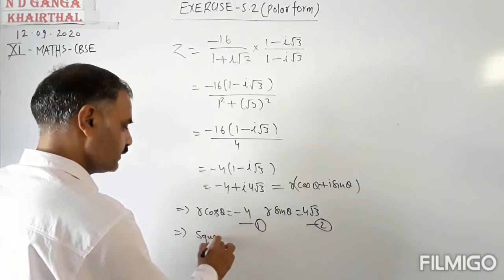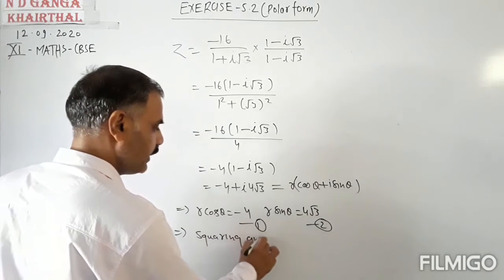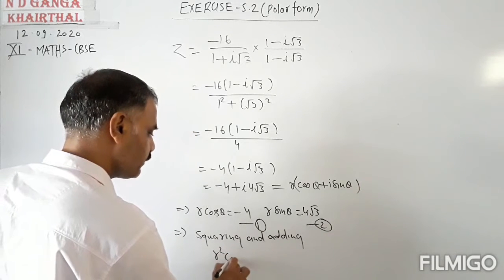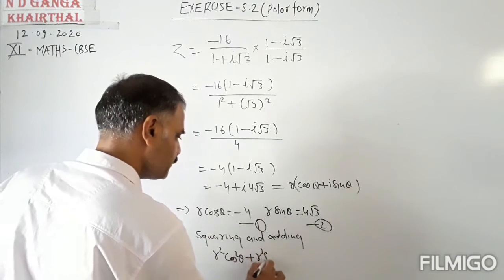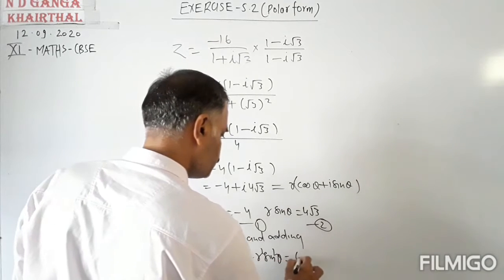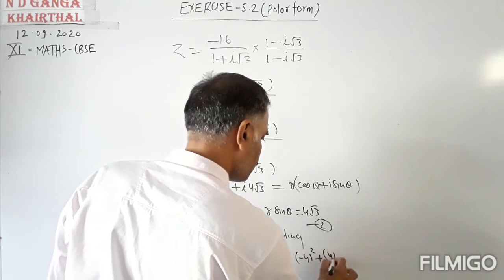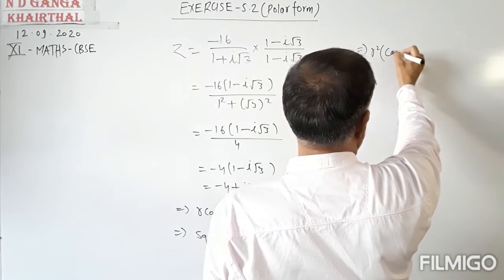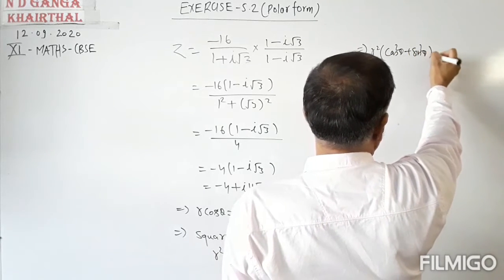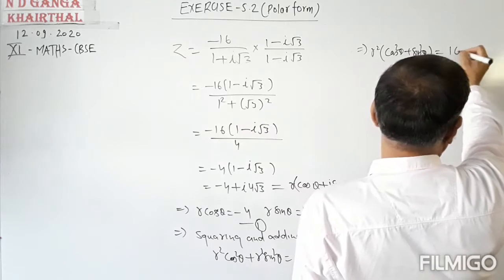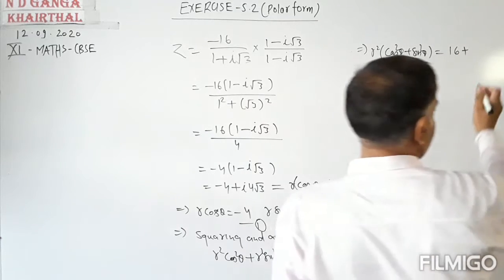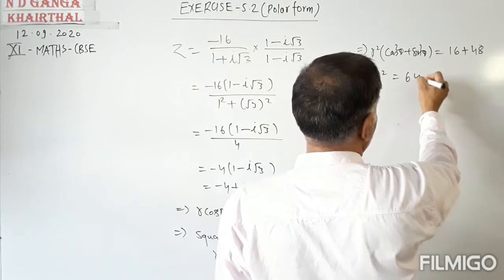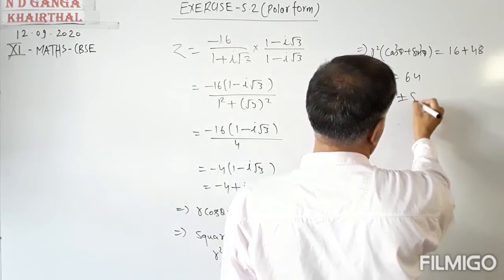Squaring and adding, we get r square cos square theta plus r square sin square theta equals minus 4 square plus 4 under root 3 square. So r square into cos square theta plus sin square theta equals 16 plus 48, which is 64. So r square equals 64, which implies r equals plus minus 8.